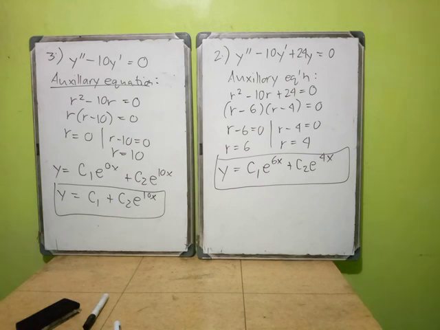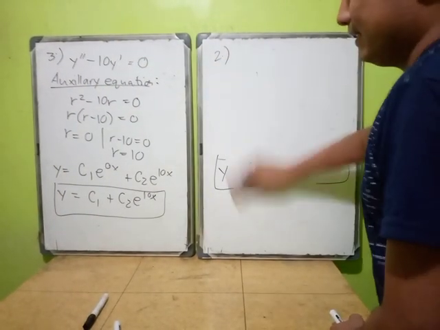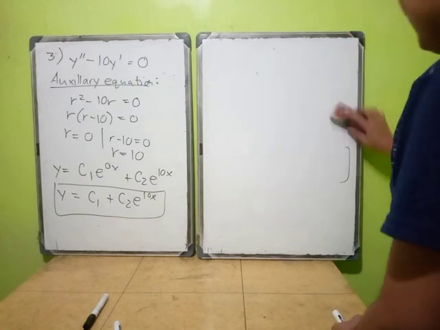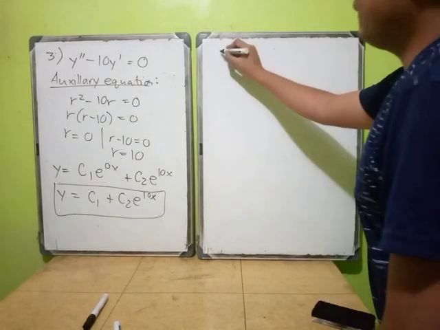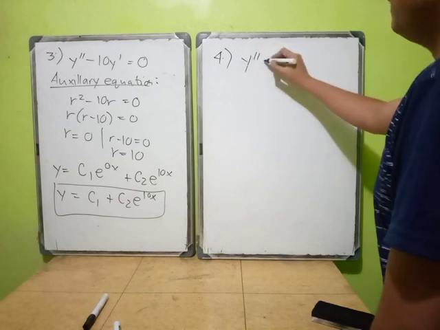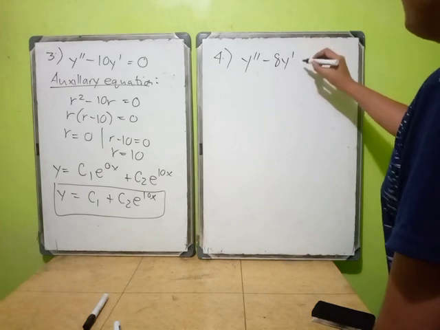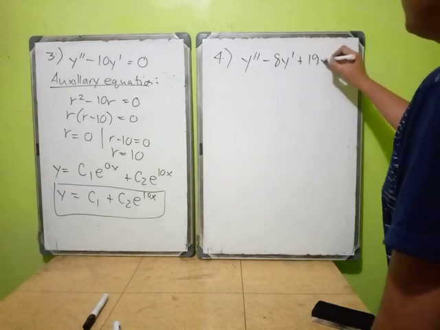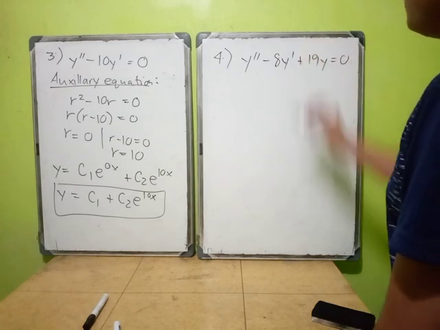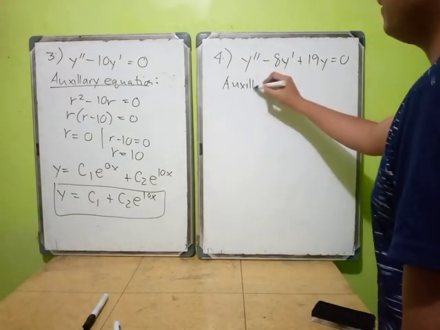So let's add more. So we have a fourth example. What if your example was this? We're going to solve this one. So, the auxiliary equation.